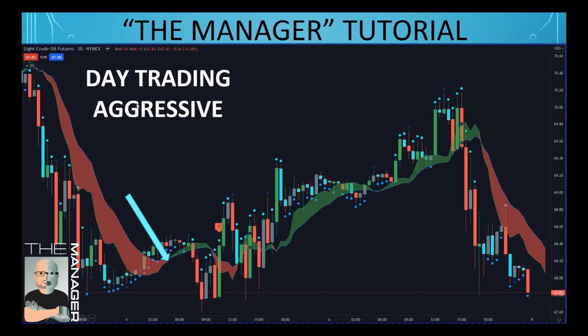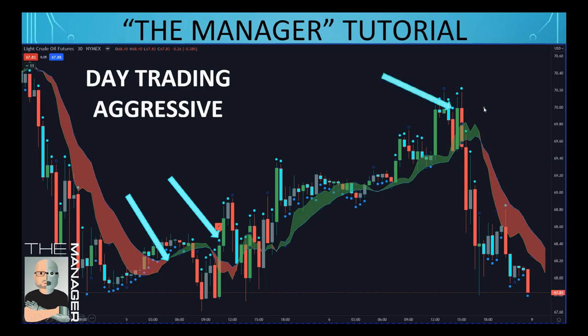So one thing we must note is when we're in a trade and we get a parabolic move, we must adjust that setting to day trading aggressive so we can get out of the trade and maximize those profits a lot earlier with that cloud change. So again, understanding that's a parabolic move, changing the setting to aggressive would actually have made you more money than this warning sign for this violent reversal just here.